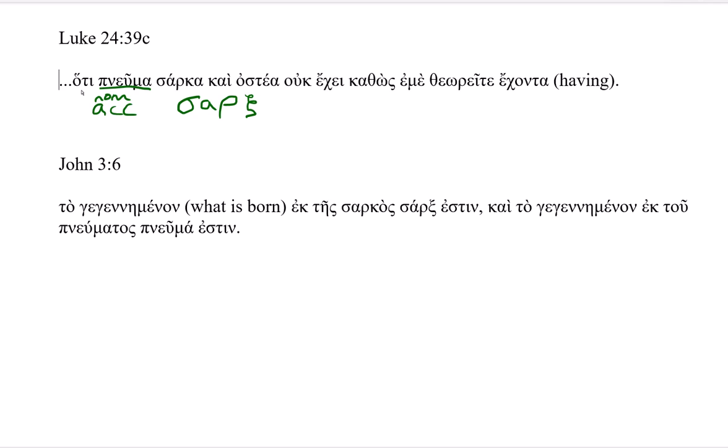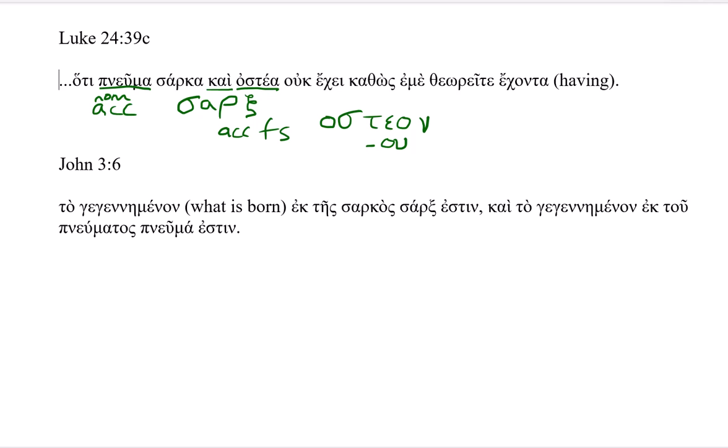And sarka, in this case it's feminine, so it's going to be an accusative feminine singular. Remember the endings, so there's our accusative feminine singular ending. So that's accusative, and then we have kai, and then we have ostea. This comes from the noun osteon, and if you look that up, you'll see that it's got a genitive of omicron upsilon, so this looks like a nice second declension neuter.